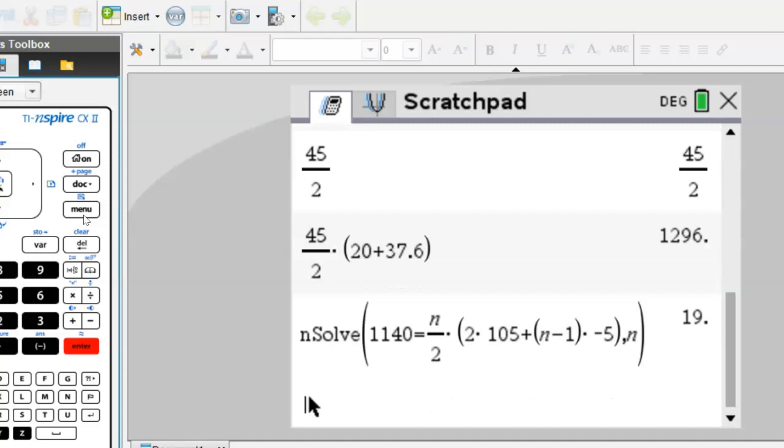It takes 19 terms for me to get to that sum of 1140.